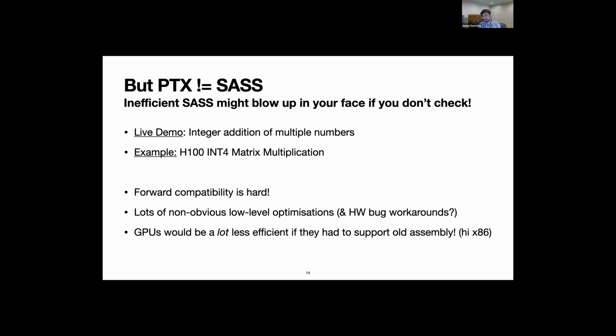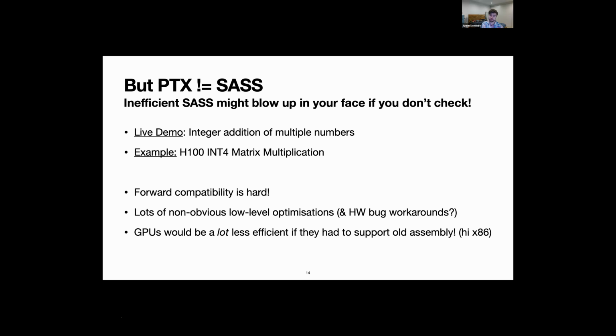What PTXAS does is convert that into a very, very large number of 32-bit instructions and other things that will be incredibly slow. It will be way, way, way slower than the int8 matrix multiplication. And unless you look at the SASS, you don't really know that. So it's a good example of forward compatibility, and of PTXAS being a black box, where looking at the SASS is important to make sure the black box is doing what you want it to do.